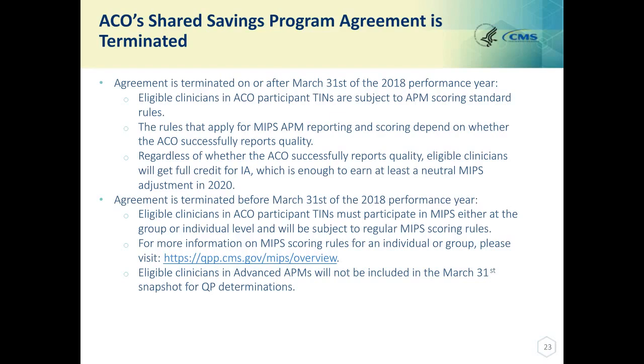If your ACO still reports to SSP, we will still score you at the ACO level. If the ACO fails to successfully report quality, then scoring will fall to the participant TIN level as discussed in the previous slide. And you will be scored at that level, but still under the APM scoring standard.